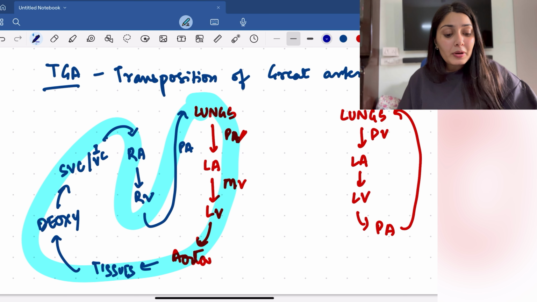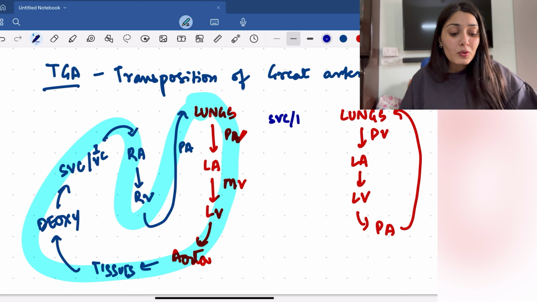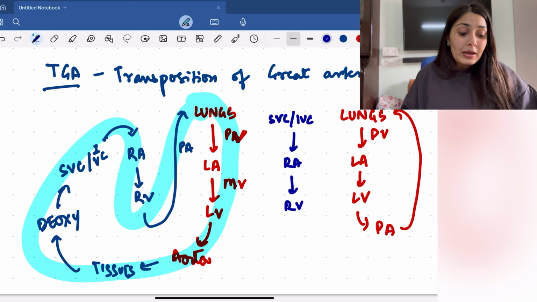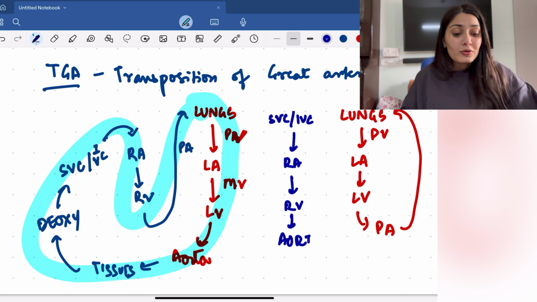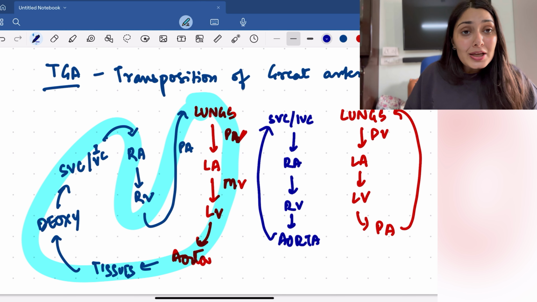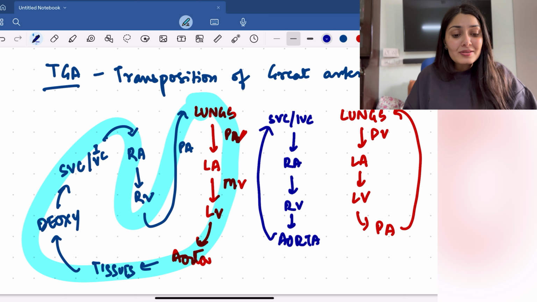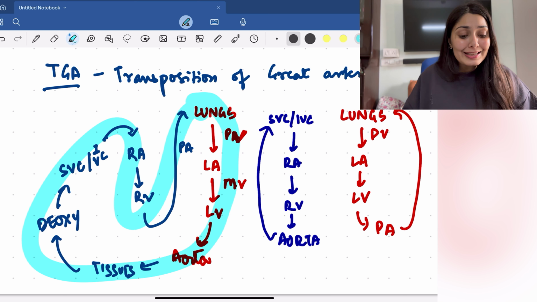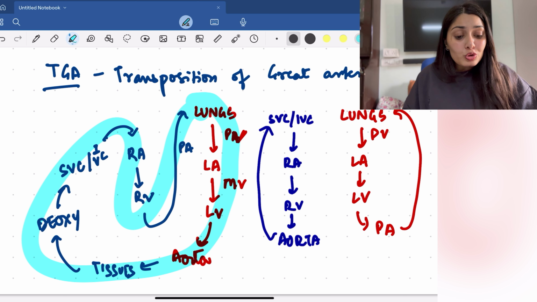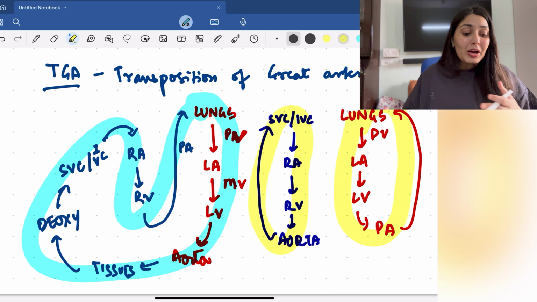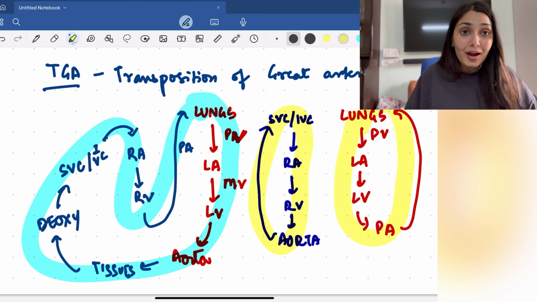My deoxygenated blood from the superior vena cava, inferior vena cava goes into the right atrium, into the right ventricle, into the aorta, and from the aorta tissues will again utilize and shift it back into the superior vena cava, inferior vena cava. So here you can appreciate, instead of a single series circuit, I have two parallel circuits going over here, right? The deoxygenated blood traveling through my right side of the heart and the body, and the oxygenated blood traveling through the left side of the heart and the lungs, right?